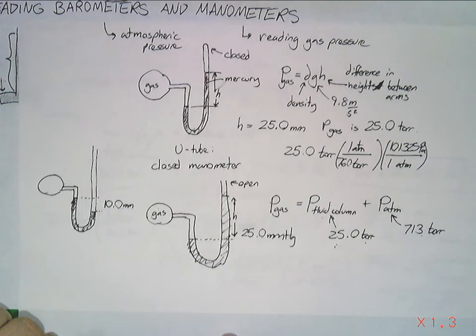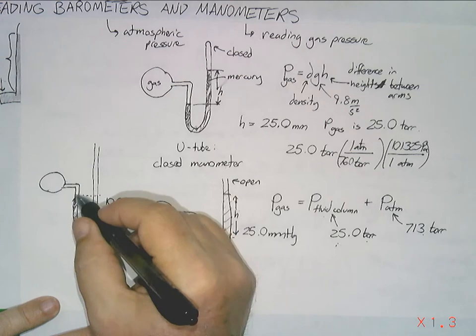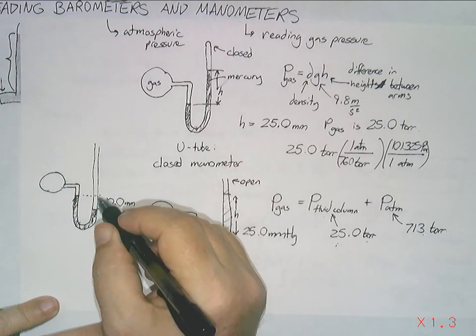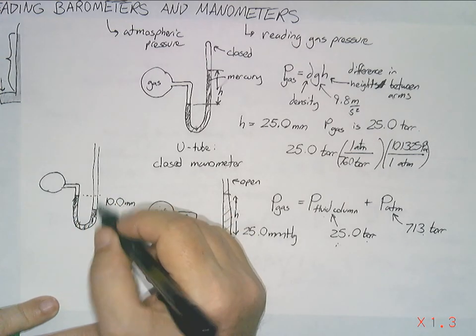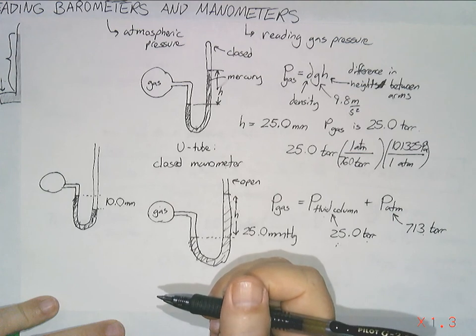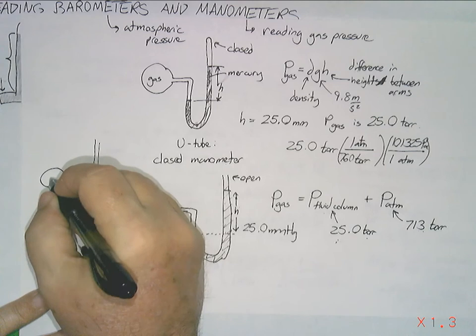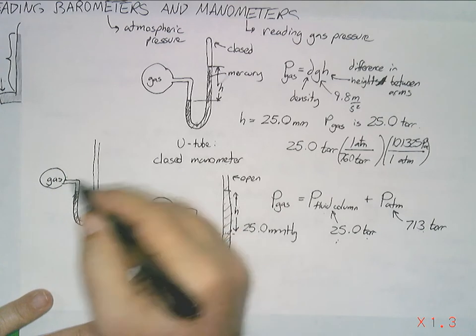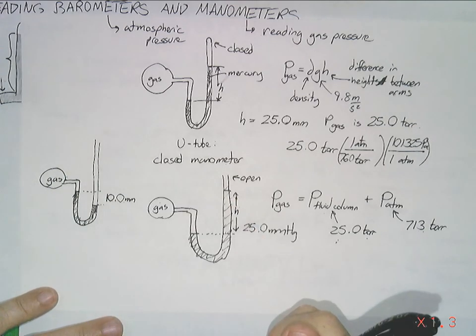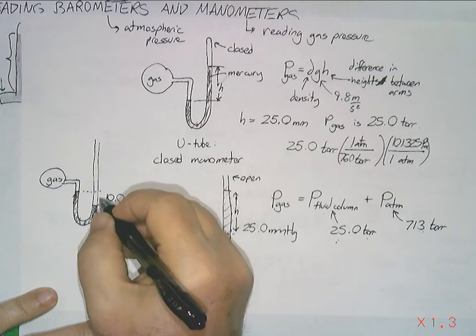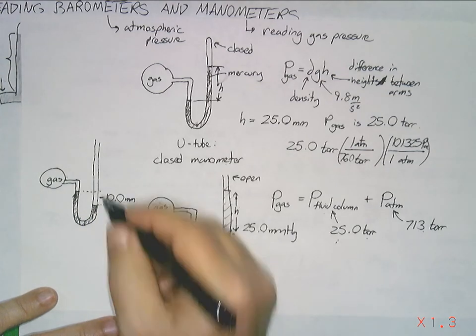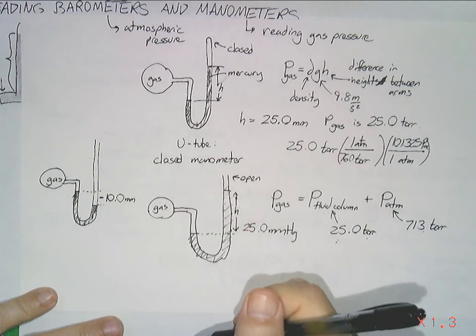Now take a look. The height here is really down on this side. It's kind of a negative height. So what's happening here is that the pressure of the gas is less than the pressure of the atmosphere. So this is actually a negative height. It's lower on this end than it is on this end.